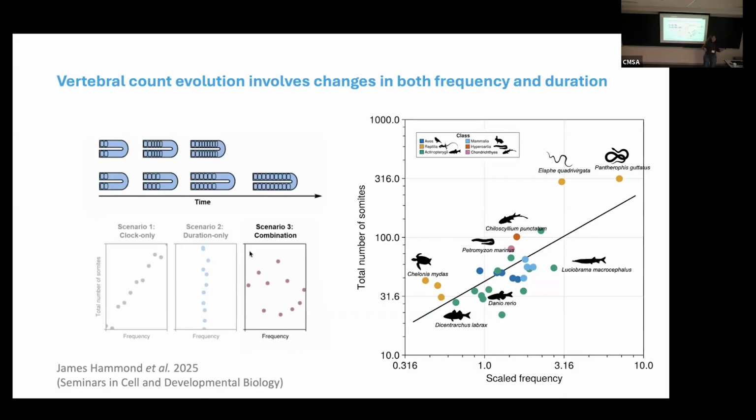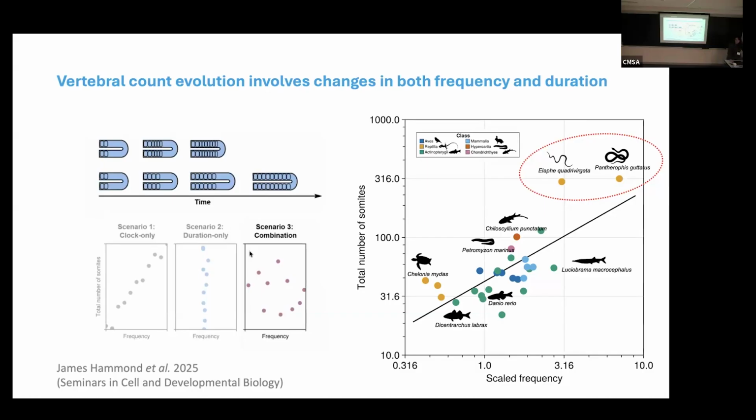It's a little bit arbitrary, but it's one of the most conserved features in vertebrates, so that's what we take. And of course, if we do this, you see that the snapping turtle is no longer as much of an outlier as we saw before. And you also see that in snakes, which we already knew from Olivier's lab, the increase of the frequency of somitogenesis has been very important to increase the number of somites.